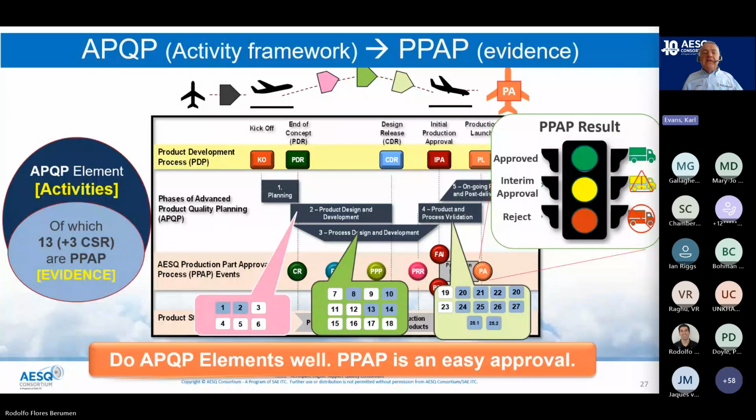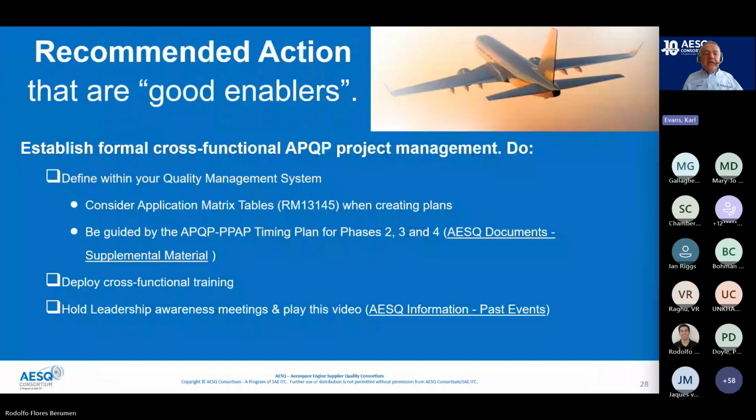What I want to leave you with is a set of recommendations before we move on to the next section. The really strong emphasis we're trying to give you is the importance of cross-functional working and project management. So our recommendations would be, within your project management process, ensure that you've got strong cross-functional APQP representation.